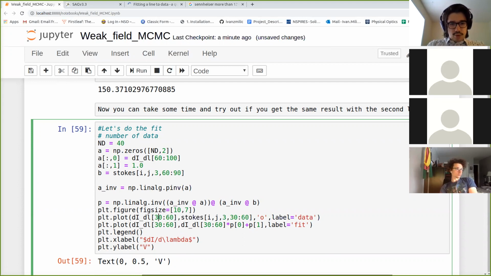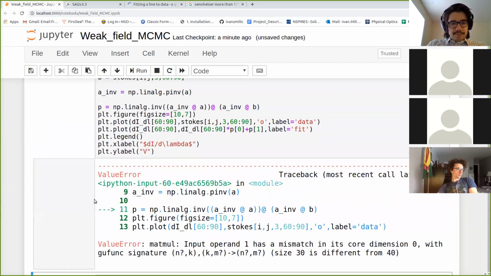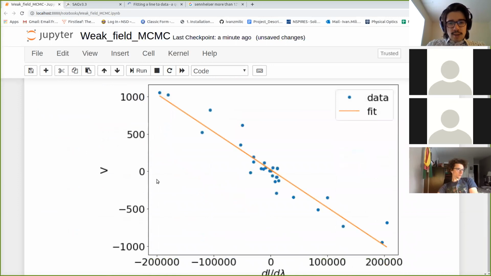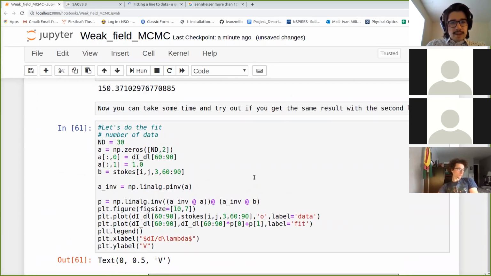I chose the wrong limits here. So you probably want to automatize this if you want to use this for some purpose. Okay, here's the linear fit, maybe even a little bit better, maybe even more spread out lines.